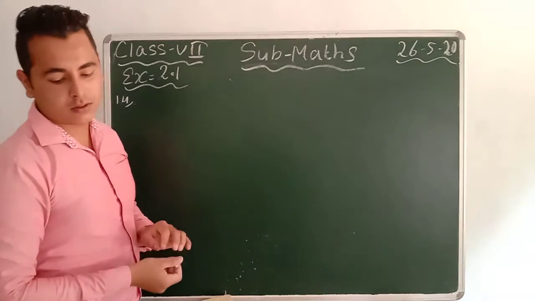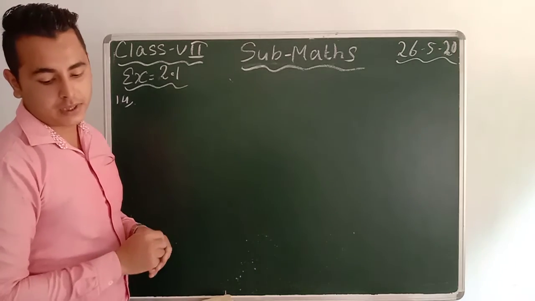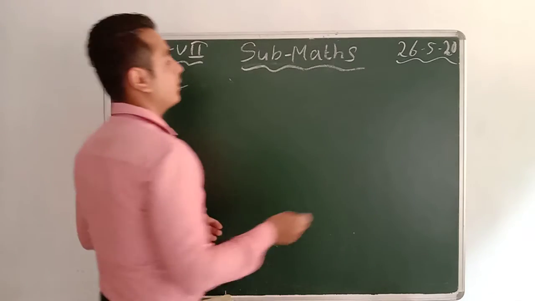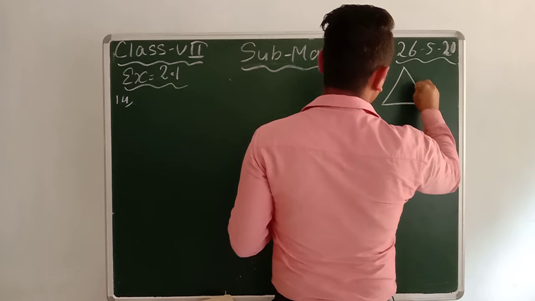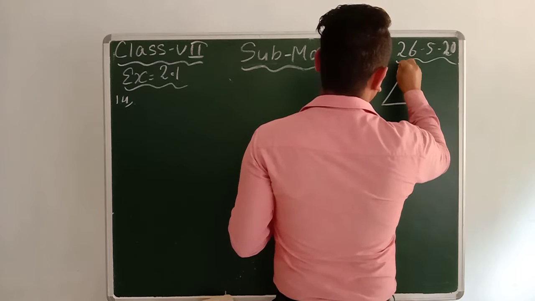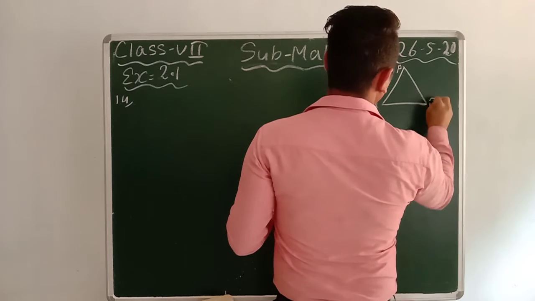Okay, question number 14. The perimeter of a triangle PQR is 12 3 by 4 centimeter. Let me draw a triangle PQR.